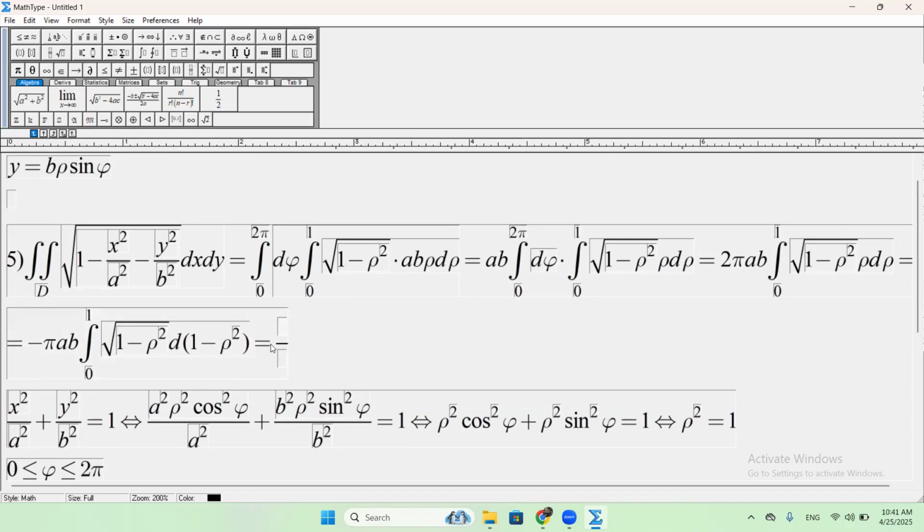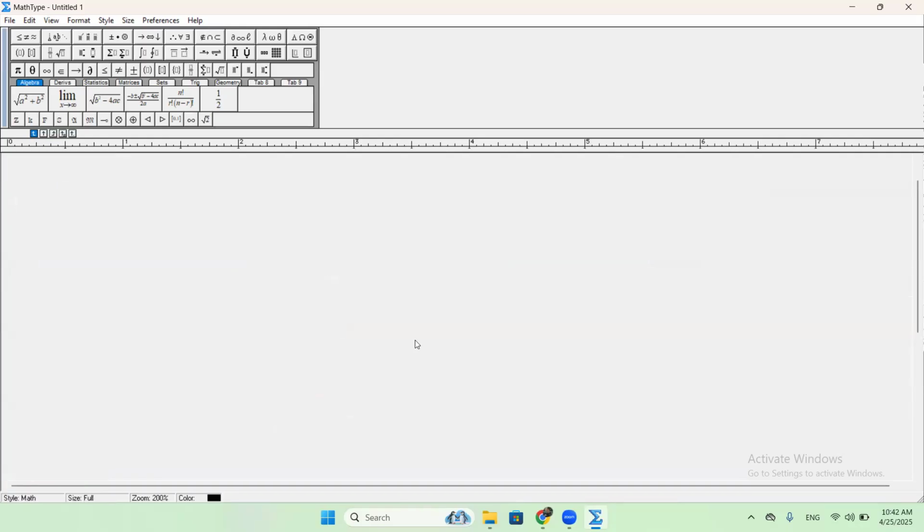So here we have minus 2 pi ab over 3, and again, let's copy and paste and then erase what we don't need.